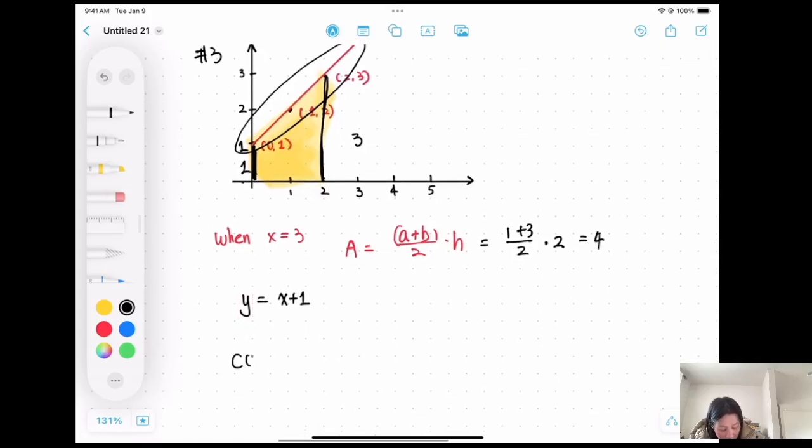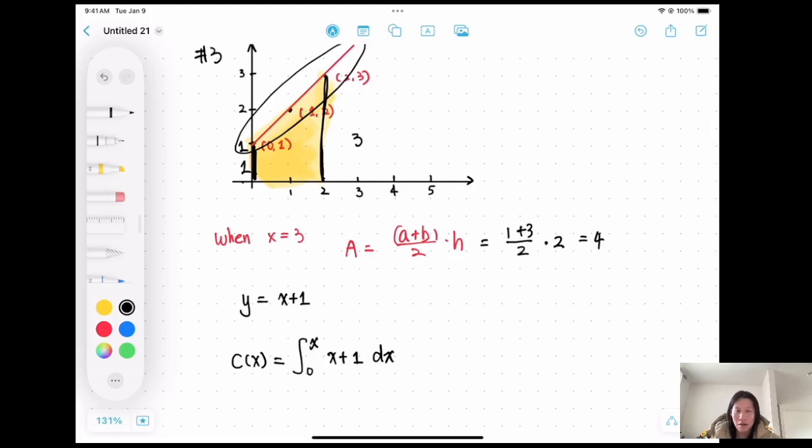So the area is equal to the integral from 0, because it's bounded by the y-axis, to x, which could be up to 3, 4, 5, 6, 7, 8, 9, 10, because they didn't give you a range, of x plus 1 dx. So that's the function to represent the area of the graph.